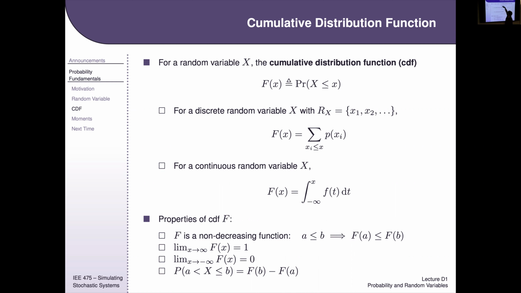They can sometimes be a line and sometimes kind of peter out, but generally most of these look kind of like an S shape. And they have the nice property that if I ask you for the probability of an interval and I've given you the CDF, all you have to do is subtract the CDF evaluated at the low end of the interval from the CDF evaluated at the high end.